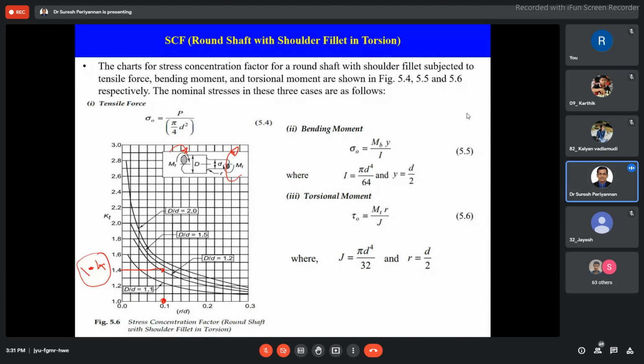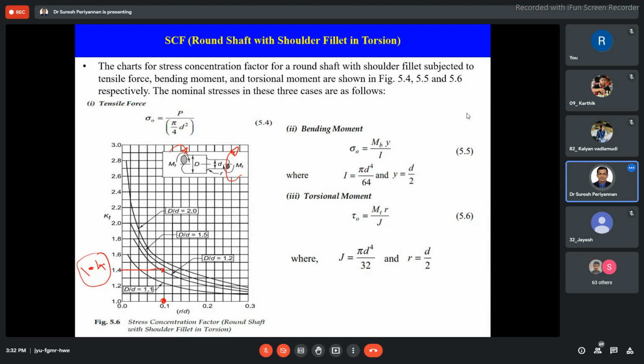Now what we discussed, there are five figures. Just a brief conclusion: the first figure covered the component with a hole, subjected to tension and compression, in a flat plate. That's what we discussed for the stress concentration factor. The second plot covered the flat plate with a fillet radius, subjected to tension and compression, and how to define the stress concentration factor.